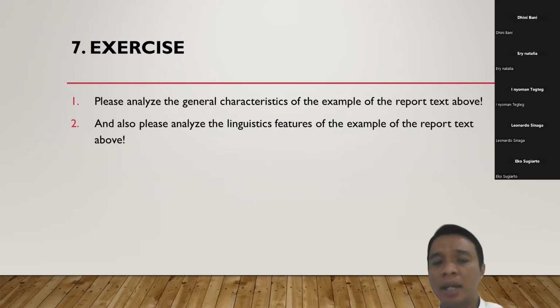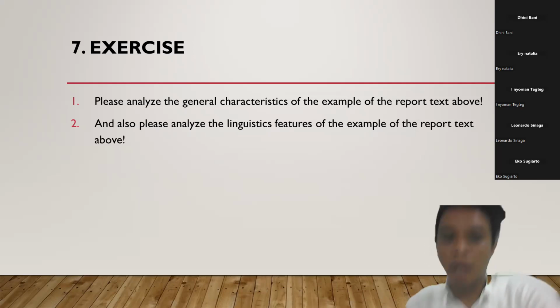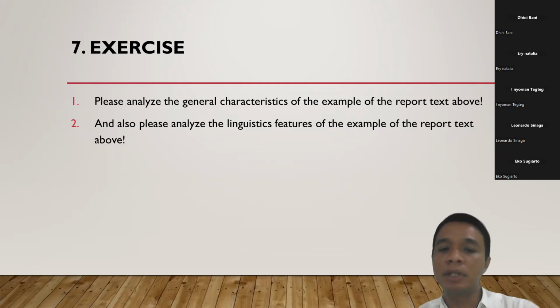Okay. Well, I think that's all about my explanation today regarding the report text. And now, as usual, at the end of the lecture, I will give you the homework. So there are 2 questions related with the example of the report text before. Number 1, please analyze the general characteristic of the example of the report text about Venice. And the second one, please analyze the linguistic features of the example of the report text above.